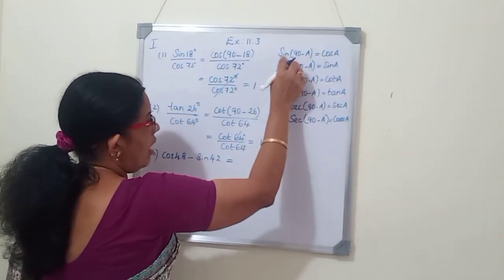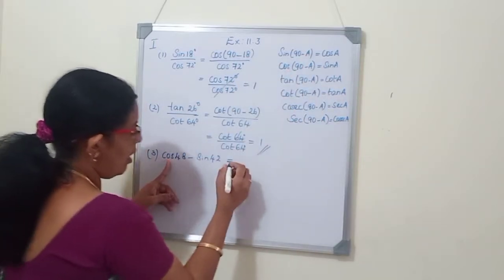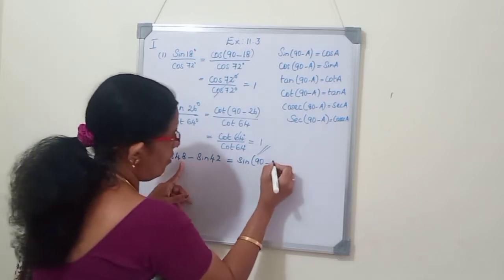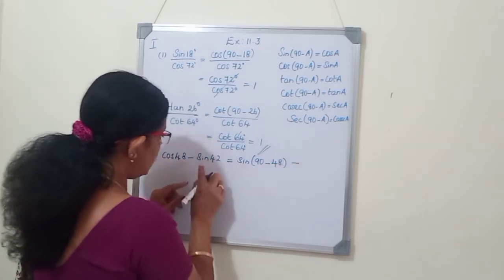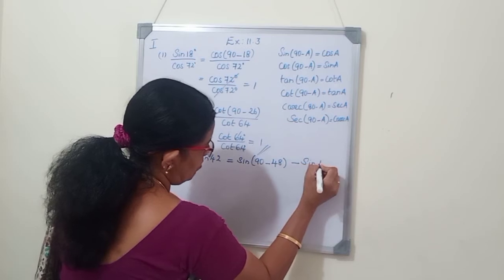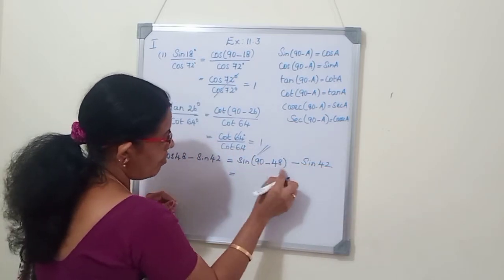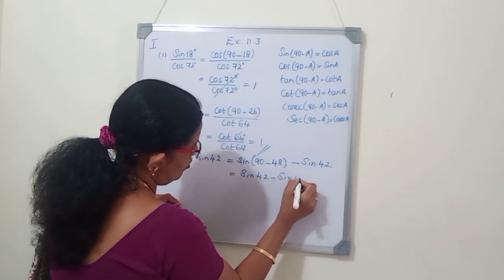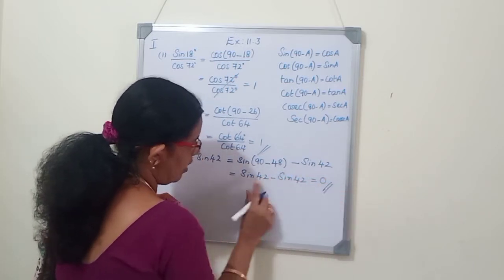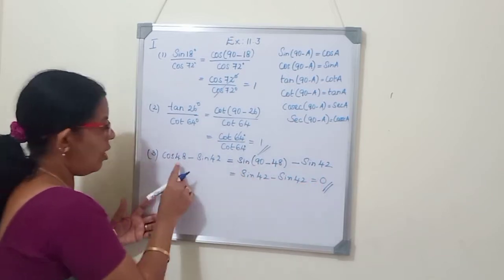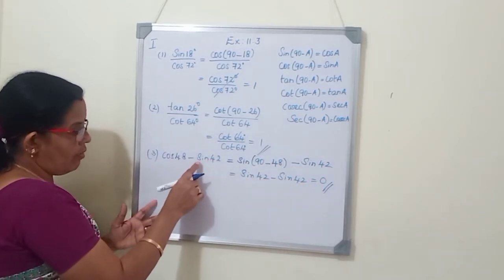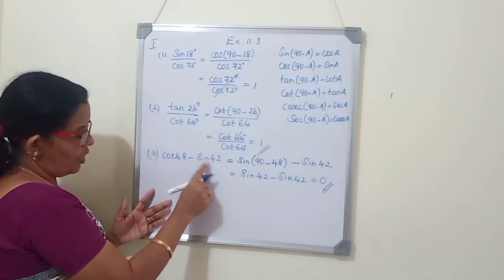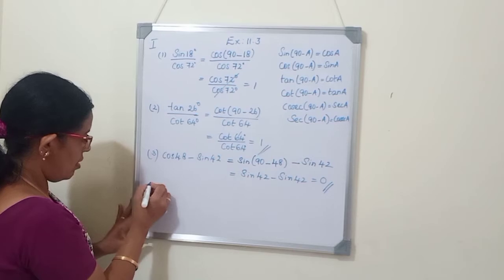Cos A is sin 90 minus A. So, instead of cos A, we have to write sin 90 minus A. The same angle we have to write. Minus sin 42, write as it is. So, sin 90 minus 48 is 42. Sin 42 minus sin 42 equals 0 you will get. Same number when you subtract, it will become 0. If you want to change sin 42, you will write sin A is cos 90 minus 42. That becomes cos 48. Cos 48 minus cos 48, you will get 0.